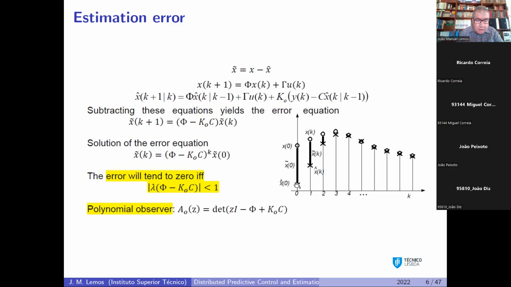If you design your state observer such that the eigenvalues of this matrix phi minus KOC are all smaller than 1 in modulus, then this error is decreasing. Okay, it can even oscillate depending on the eigenvalues, of course, but the idea is that they are decreasing, and after a while, your estimate is tracking the true state. Yeah. So, any question up to now?